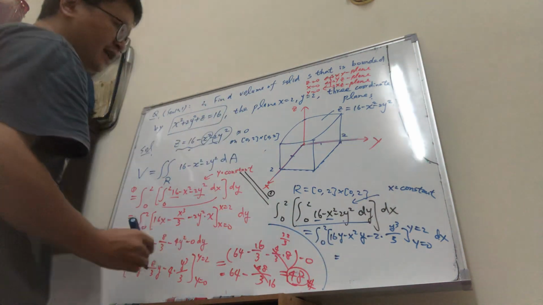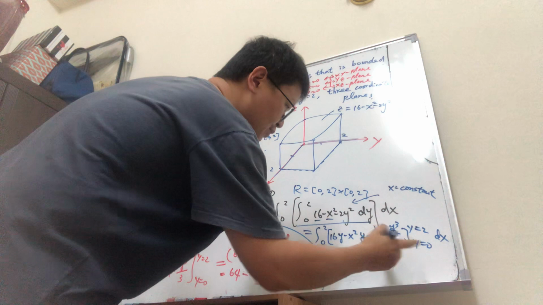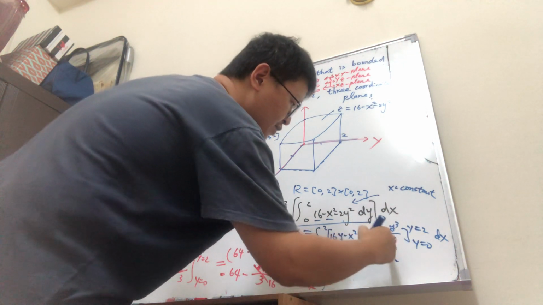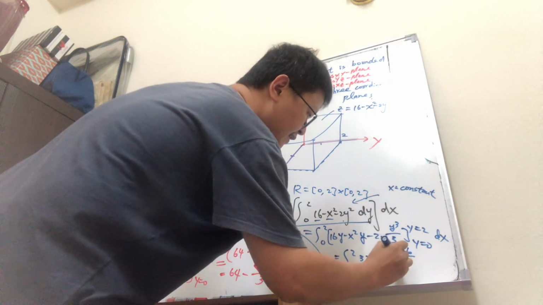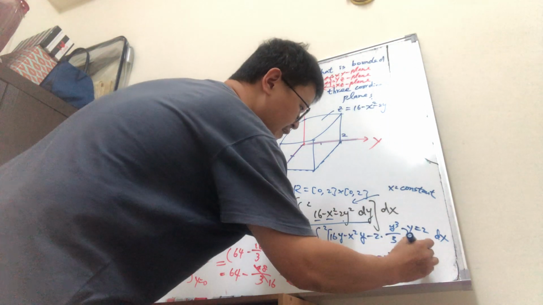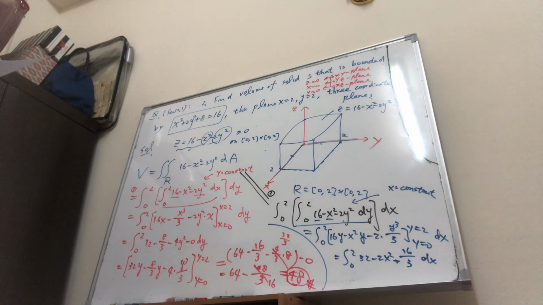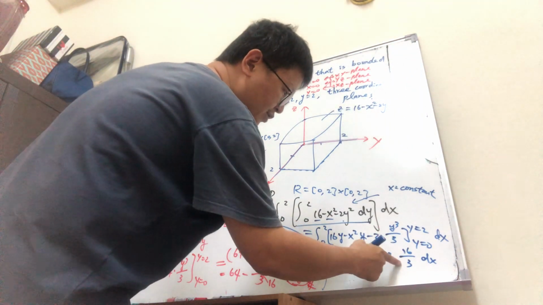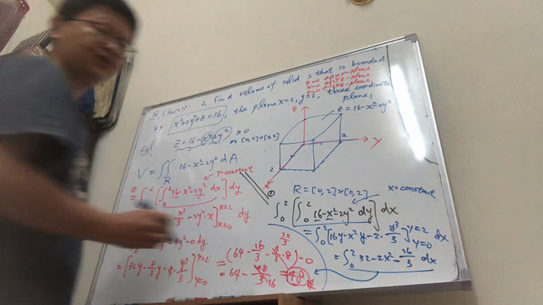Here it's 32, subtract 2x squared, subtract 8 over 3 but we should multiply by 2, so it's 16 over 3, dx. And integrating by x, finally you will get 48.